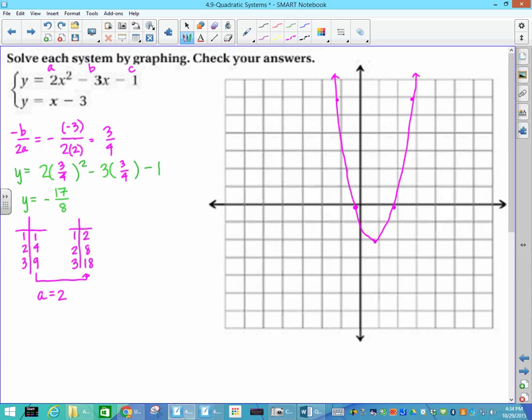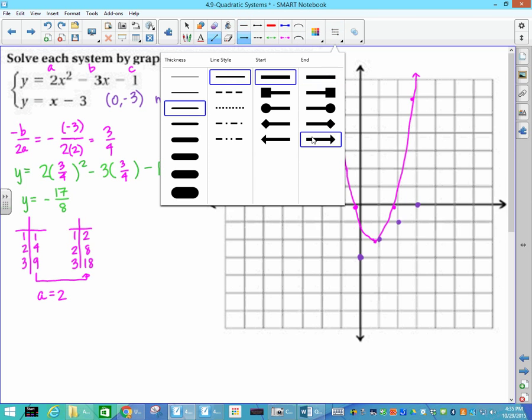Okay, now let's graph the line y equals x minus 3. So I have 0, negative 3, and a slope of 1. I graph 0, negative 3, that's right here. With a slope of 1, I'm going up 1 over 1. So it looks like I might intersect in that point. If I continue, I'm making sure that I'm not going to touch the parabola anywhere else.